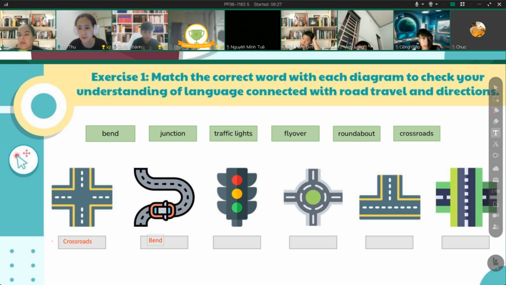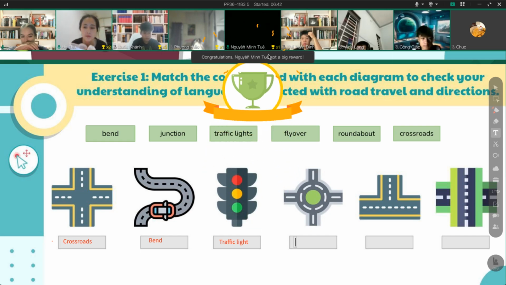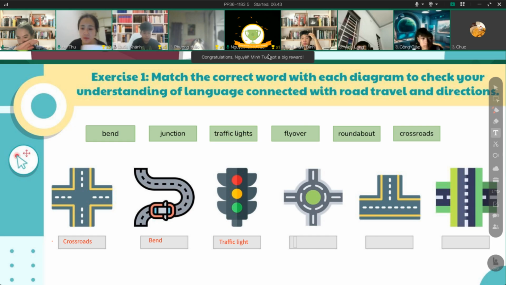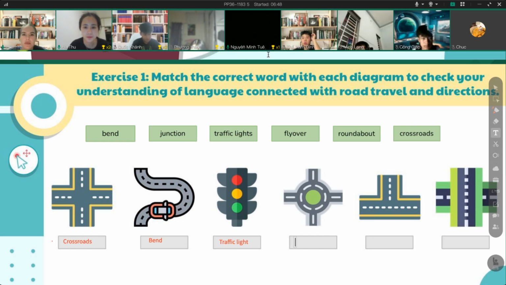I think it's the traffic light. Traffic light. Good job. Okay, and then next, what do you think that is? It is roundabout. Good job. Roundabout.